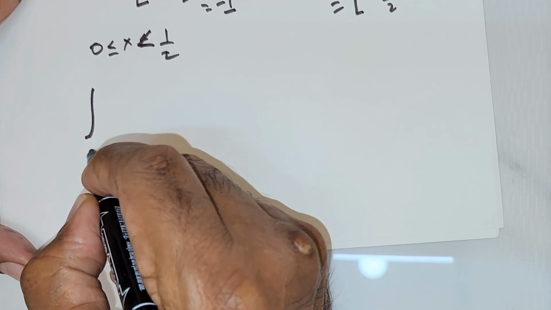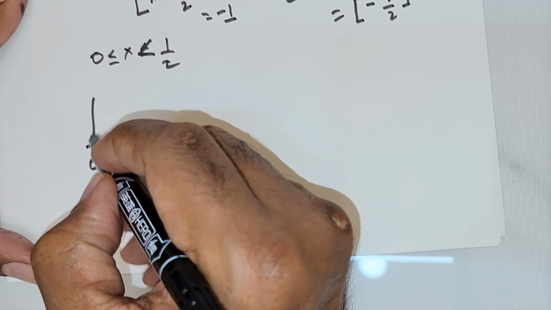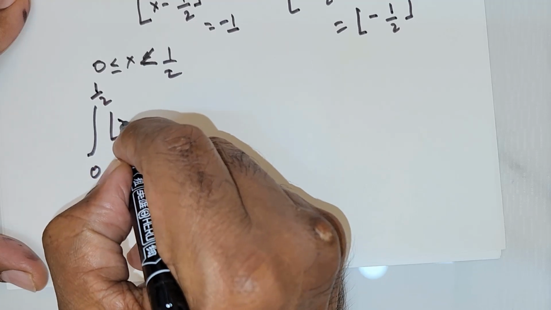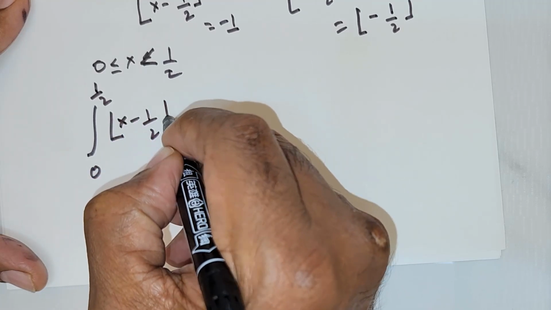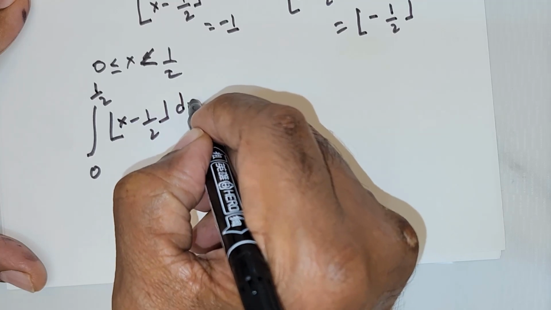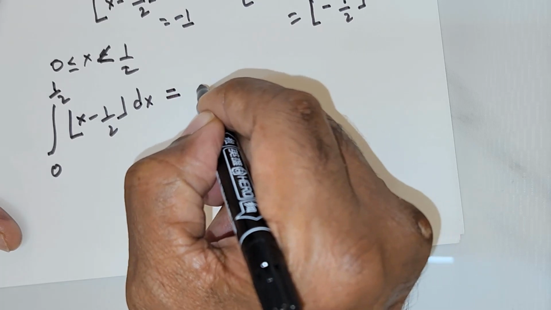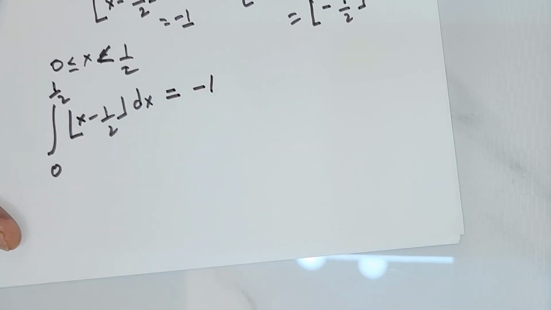So if I integrate from 0 to 1 over 2 the floor of x minus 1 over 2 dx, this would produce a value of negative 1. That is the all important observation we have to know there.